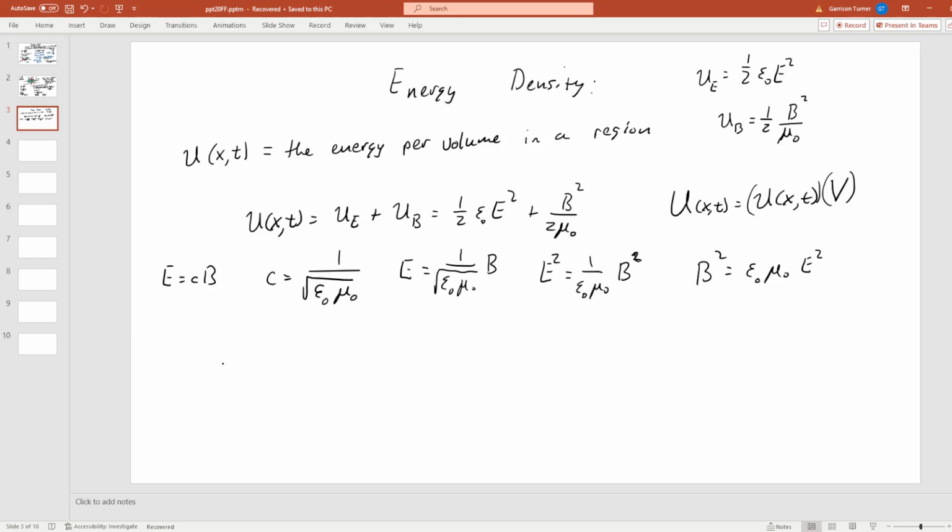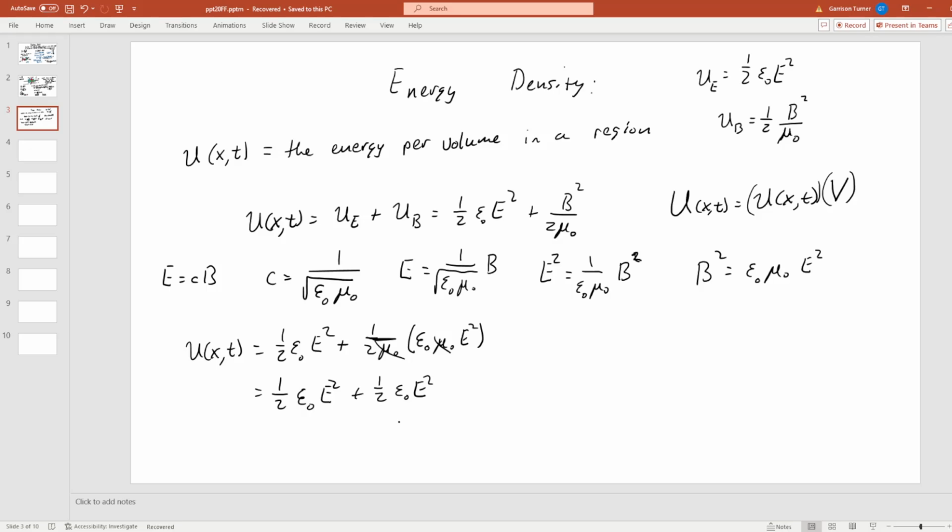Right? So if I plug that in, let's bring the 1 over 2 mu naught out front, and then we're going to have epsilon naught mu naught E squared, and my mu naughts cancel, so I get 1/2 epsilon naught E squared plus 1/2 epsilon naught E squared.